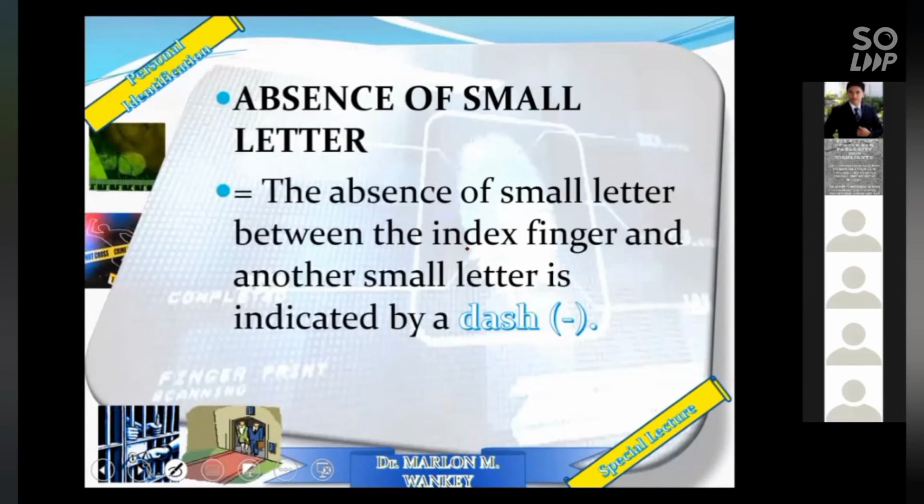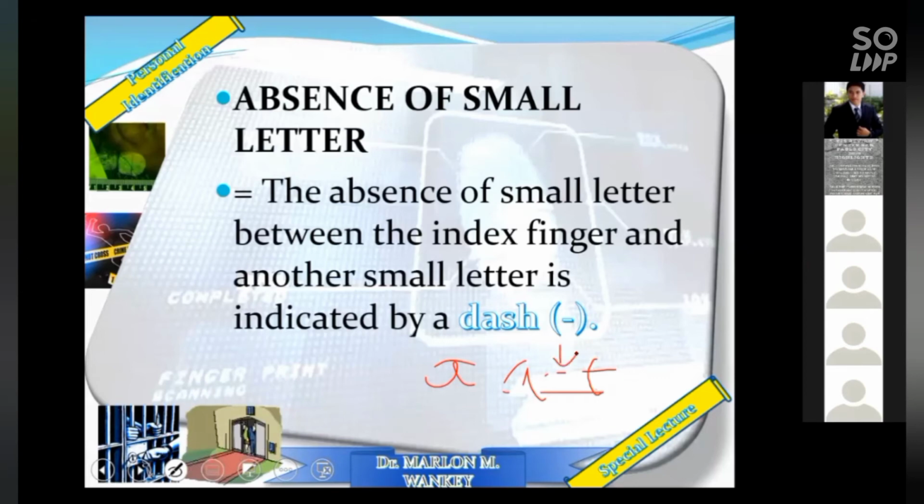there are no ATR, then sabi dito, the absence of small letter between index finger and another small letter is indicated by a dash. A dash may only be applied when the first letter is A and the other is not, but the other is group of small letter which is T, then place a dash.